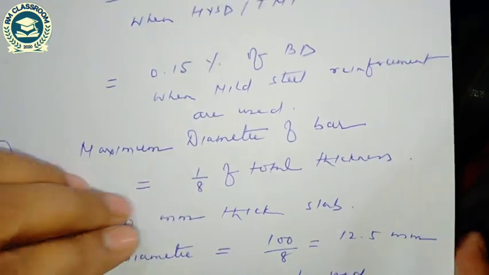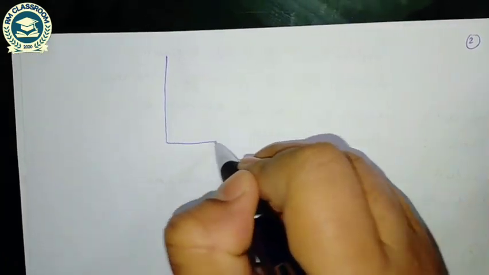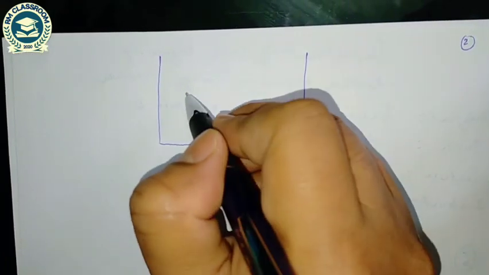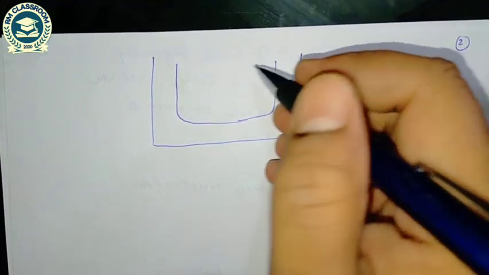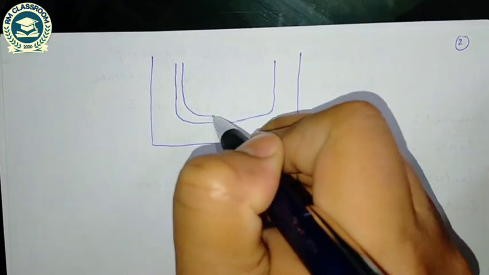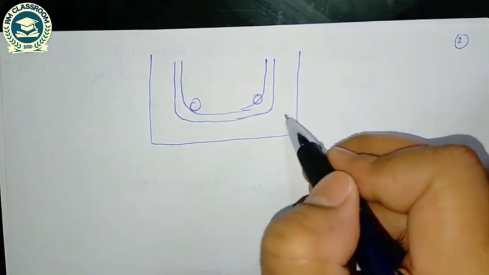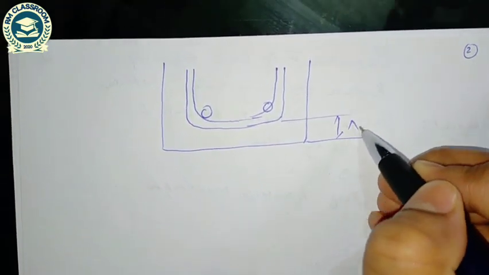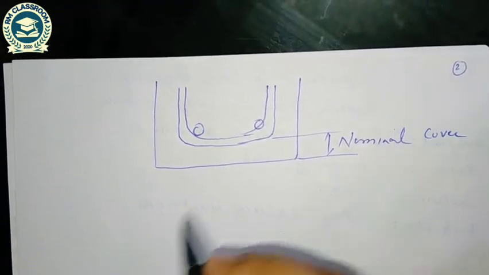The code suggests the minimum clear cover depends on the exposure condition. If this is the slab, this is the nominal cover, and the code suggests the nominal cover.